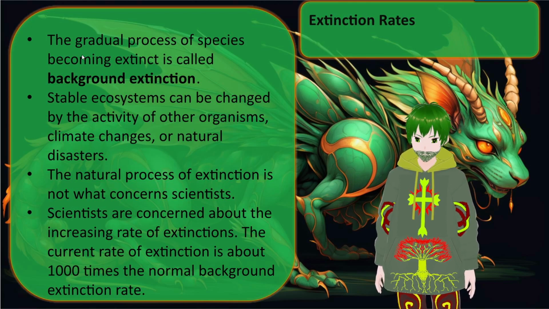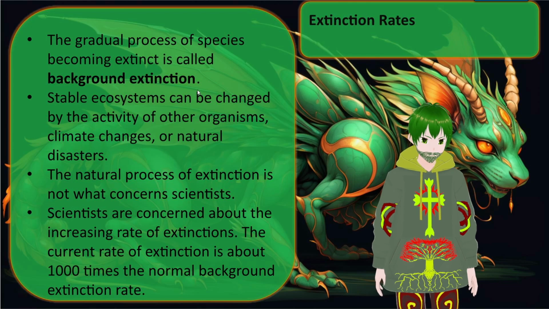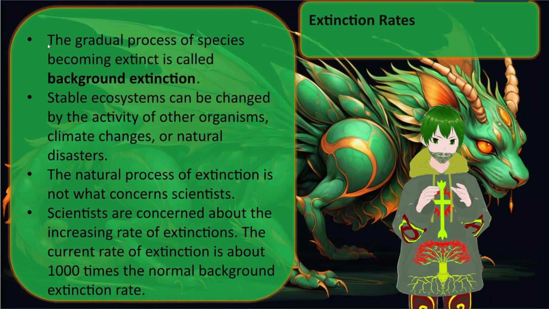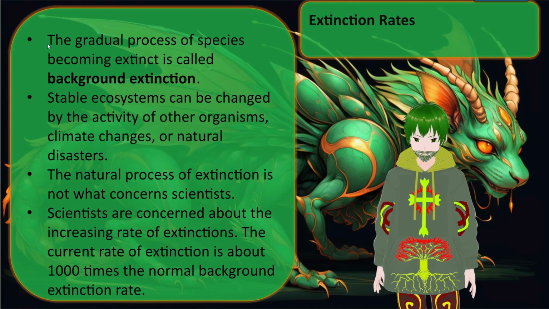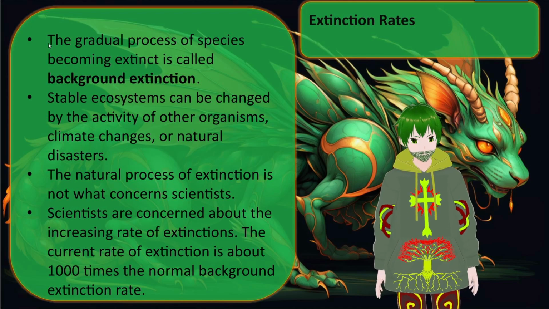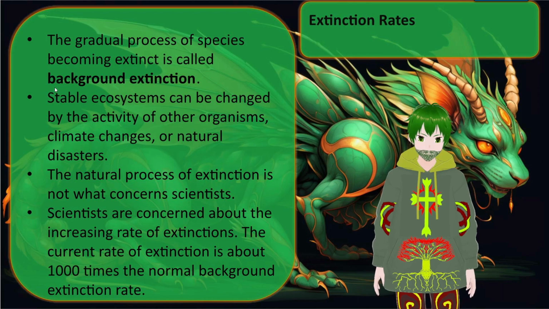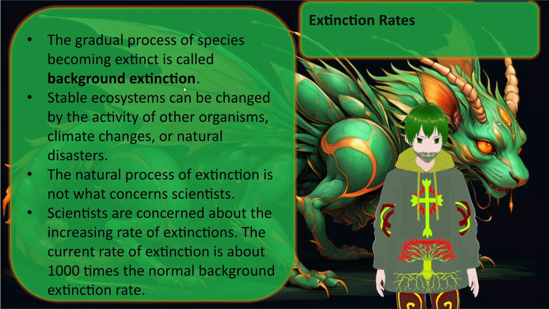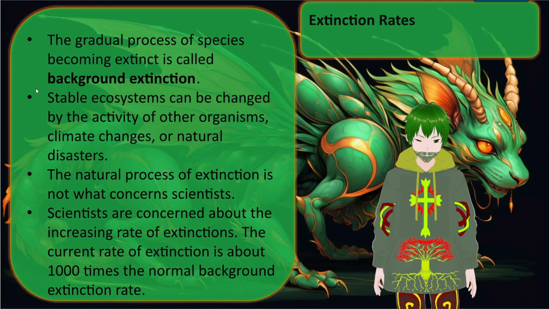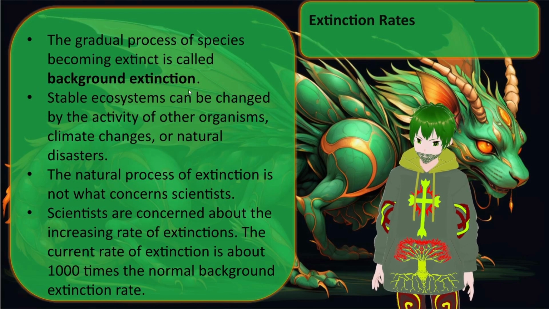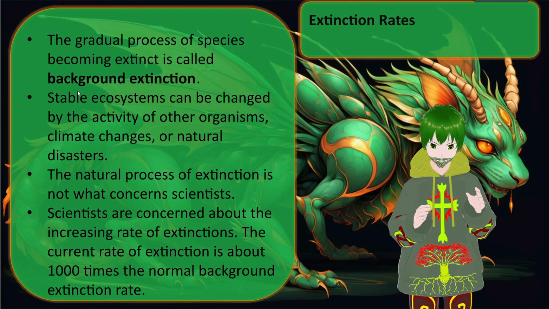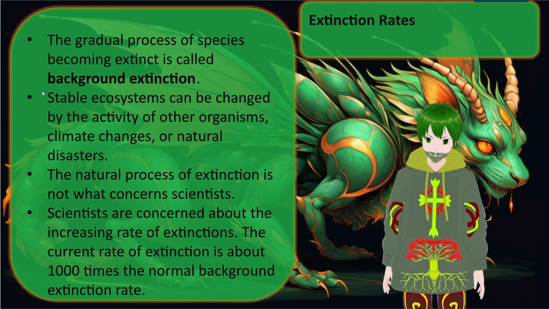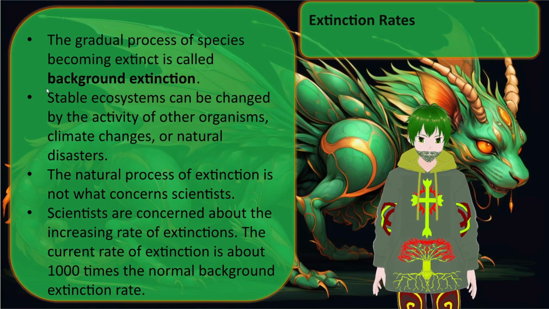So let's get started with the idea of background extinction. It turns out that, well, things are dying all the time. And I know that sounds a little self-evident, but some things die off and they're just gone forever because of the changing in the environment, because of a random volcano erupting and wiping out tens of square miles of forest.